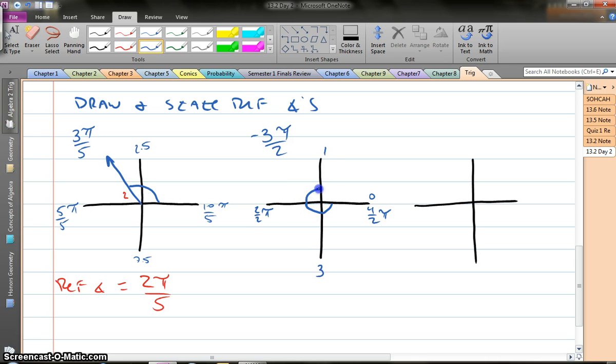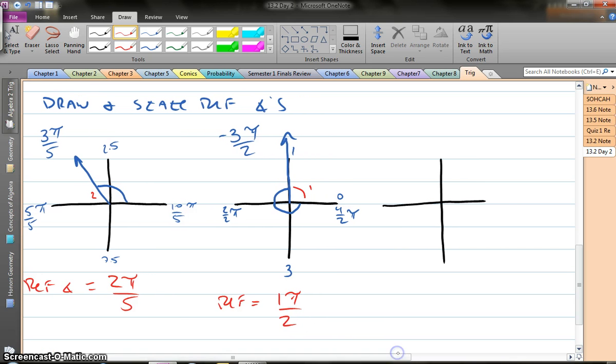Then negative 3 would be 1 more. So I would stop here. There's my angle. Well, to get to the x-axis, I would have to go 1 more. So my reference angle is 1 pi. My denominator is 2. All right, see? Just fractions, not so bad.